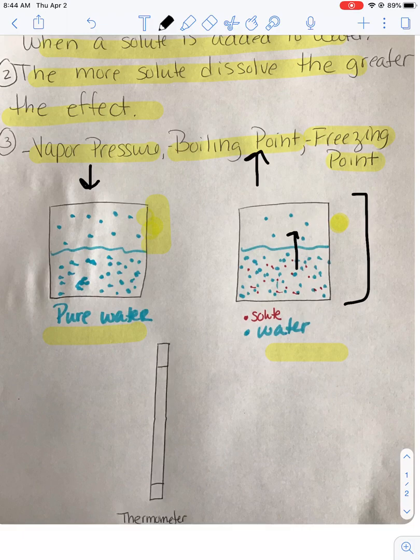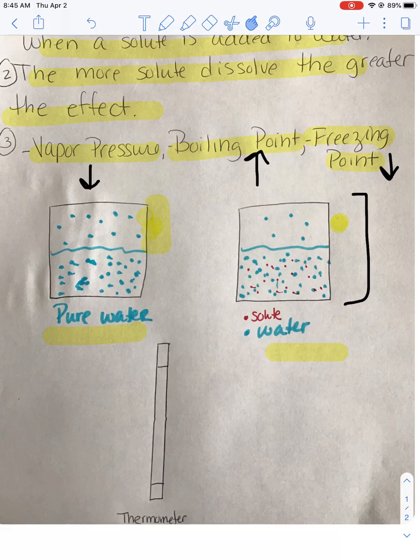The same idea with freezing is that it's harder to freeze, like when you put salt on roads. It's harder for the water to crystallize because the solute particles are getting in the way. So when you add something to water, it will lower the freezing point. The takeaways are: vapor pressure lowers, freezing point lowers, and boiling point raises.